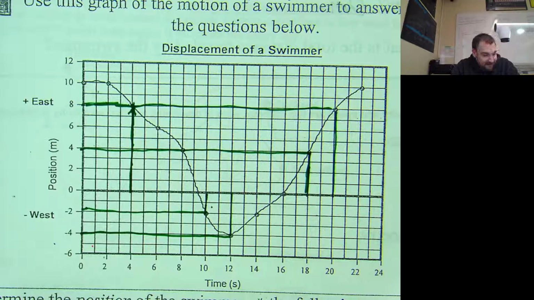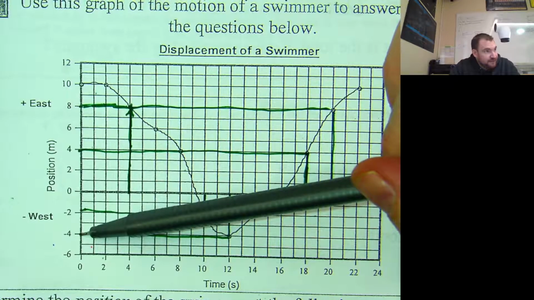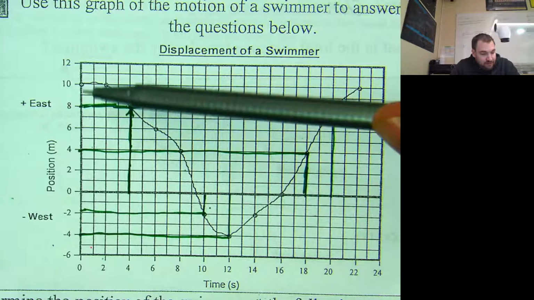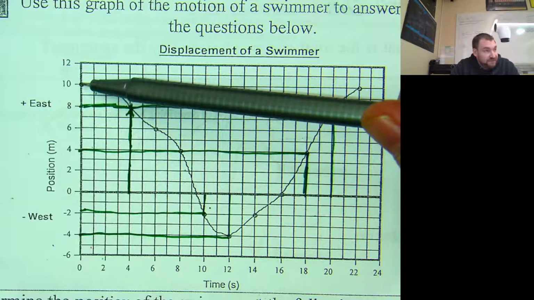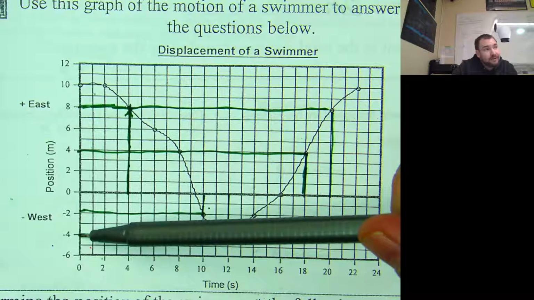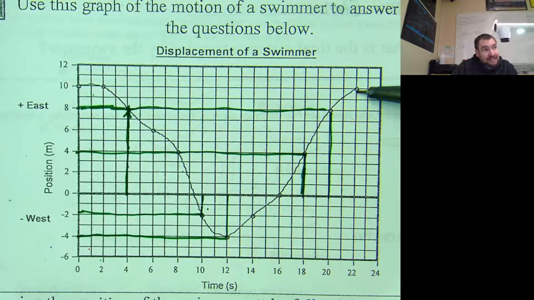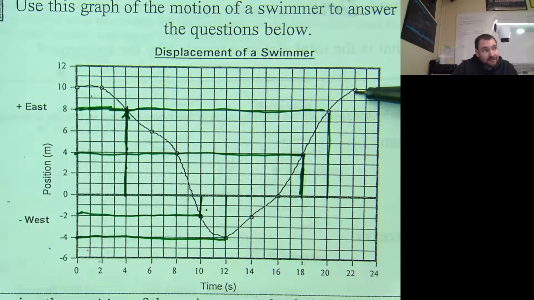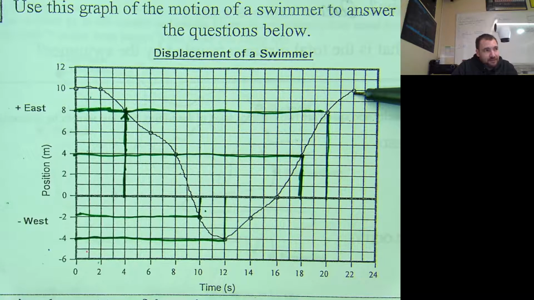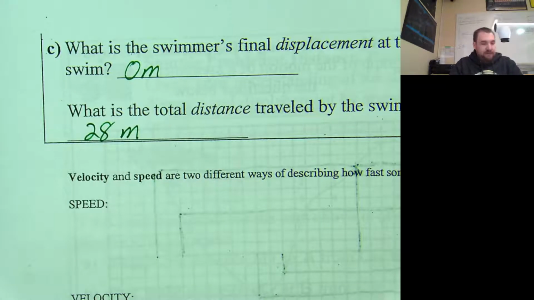Well, he starts at 10 and goes down to -4 meters. Okay, so what's that distance? Going from a position of 10 meters to a position of -4 meters is what distance? 14. And then he turns around and goes back to 10. So the distance is 14 plus 14, which is 28 meters. Displacement is 0. Distance traveled is 28 meters. 14 meters out, 14 meters back.